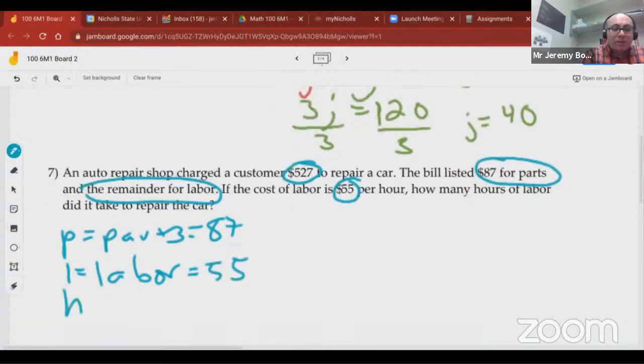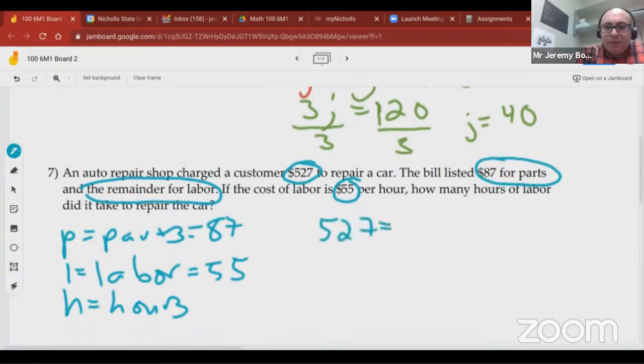So let's do H as the number of hours. And so our cost of repairing a car is $527. We know that that is going to equal the parts plus the price of labor times the number of hours of labor there is. Maybe we should make this a capital L so that it doesn't look like a 1. And we know some of these variables already.